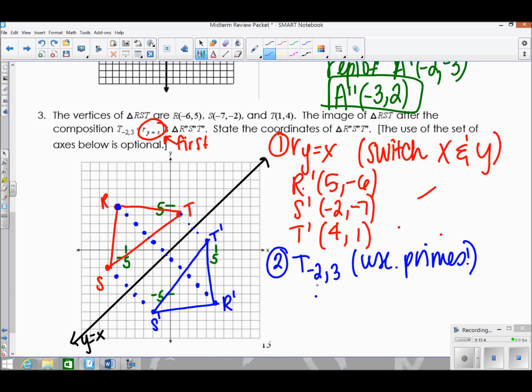So it's always right and left first and then up or down. So you're going to go left 2, up 1, 2, 3. And that'll be T double prime. Then I start 1, 2, up 1, 2, 3. And then 1, 2, up 1, 2, 3.